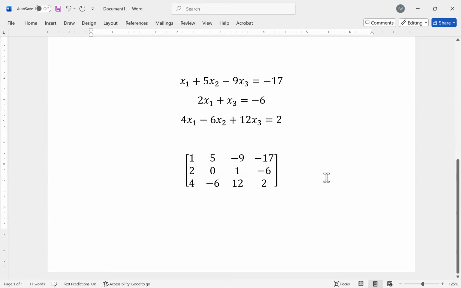So we always want that scenario where the columns are representing the same variables. And then on the right-hand side, we have equal to our constants. So the very right-hand side column represents our constant numbers.